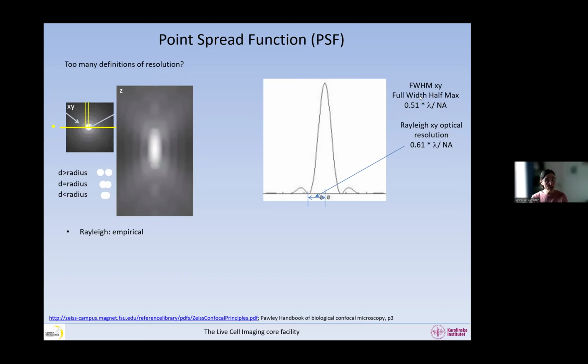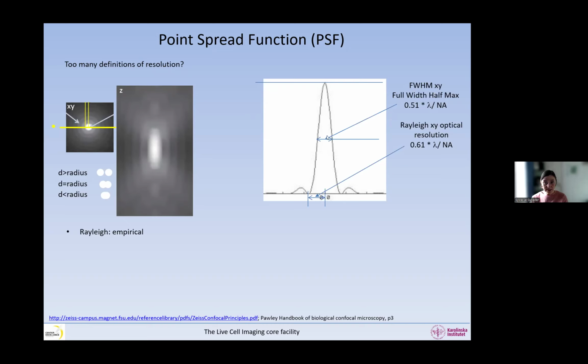One of them that is used a lot is the full width half max. So what is the full width half max? Here is the maximum of the main lobe, and here is half. And if we look here at the width at half maximum, this is what the full width half max is.